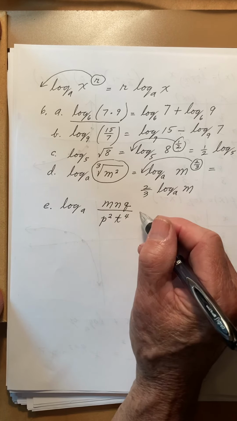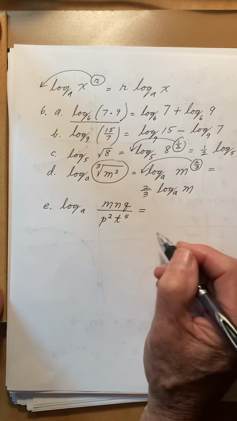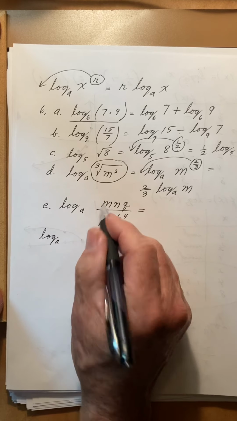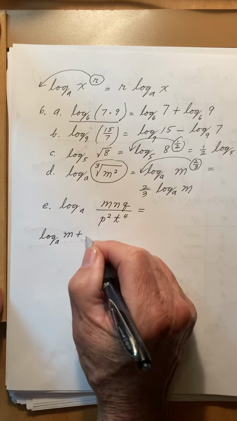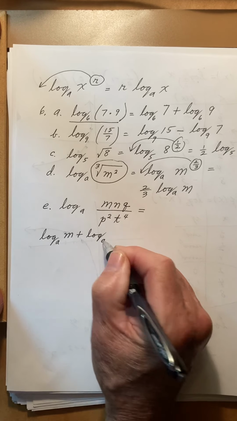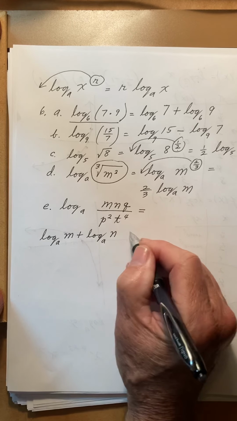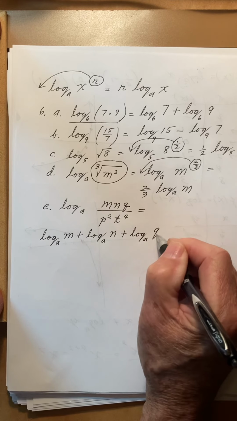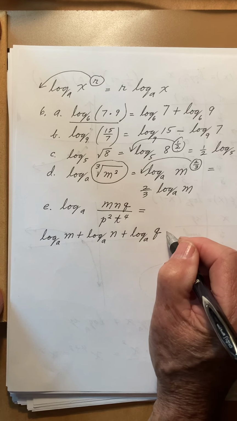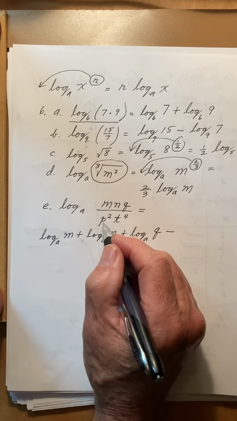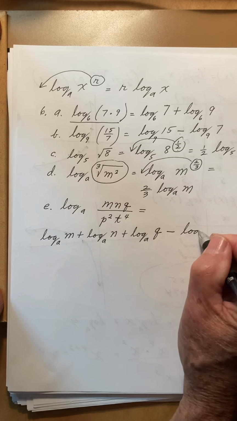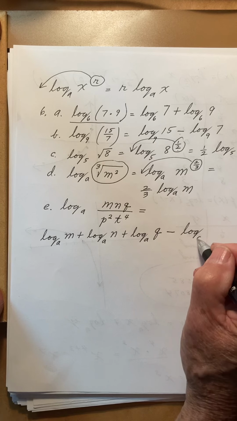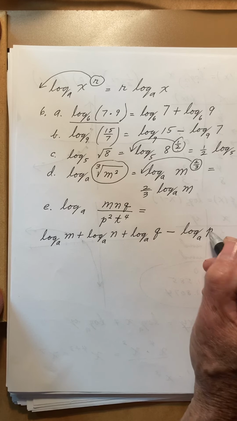So what we're going to do is log base a of m plus log base a of n plus log base a of q, and then minus log base a of p squared.